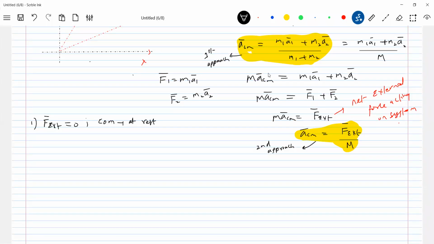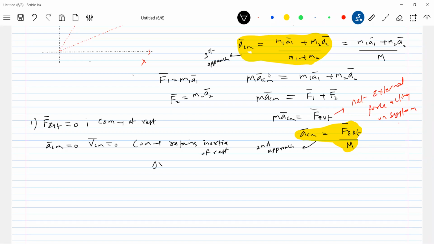What will happen to the center of mass here now? If net external force is 0, what is the immediate conclusion? ACM is 0. If there is no acceleration, then the velocity of center of mass will be 0. Then what happened to the center of mass? It will retain its inertia of rest.